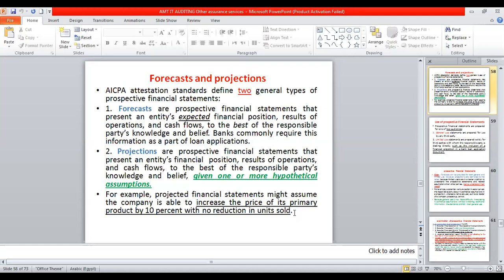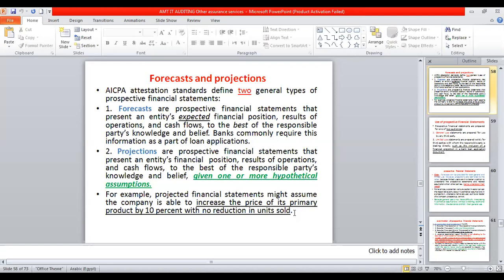For example, if I am talking about a season with increasing revenues, when the company provides forecasted financial statements for the forthcoming season, the revenues will also be increased and presented with higher amounts.